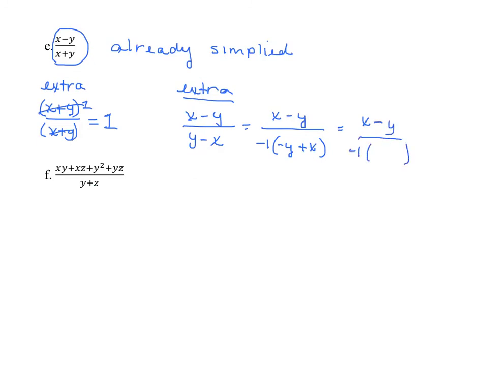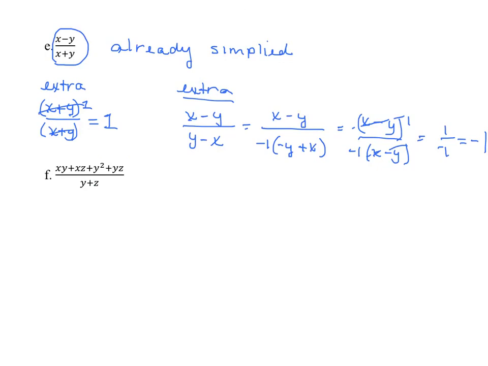I could write this as a negative (x take away y). Beautiful. Now I have a common factor. So I get 1 over negative 1, which is negative 1. Neato Guido. So if the signs are the subtraction between those two things and the variables or the terms are just switched around, I could bazinga in and get negative 1.